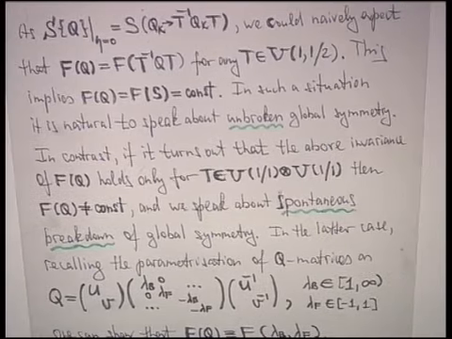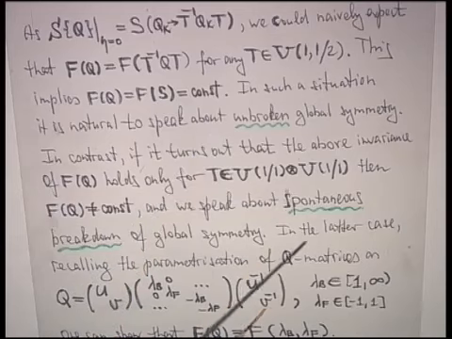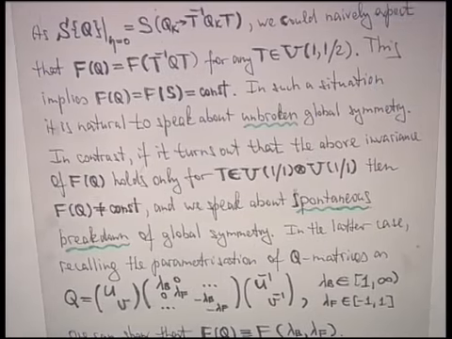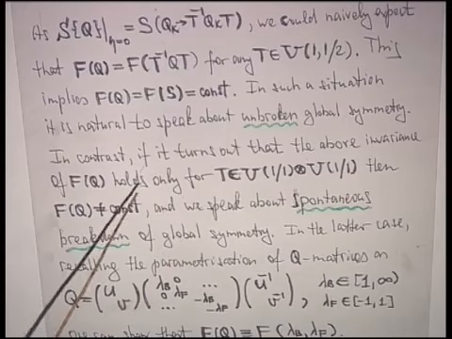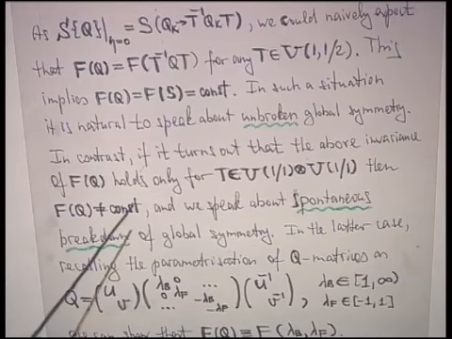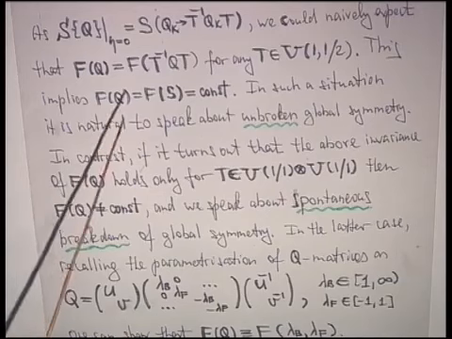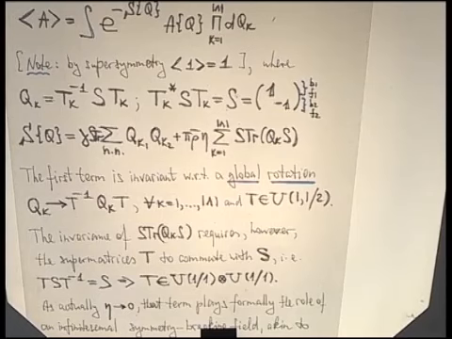In such a situation, if it indeed happens, it's natural to speak about preserved global symmetry or unbroken global symmetry of our problem. In contrast, if we are able to show that the above invariance holds only with respect to a subgroup of the whole group, then in the limit eta to 0, here it's appropriate to discuss the order of limits.